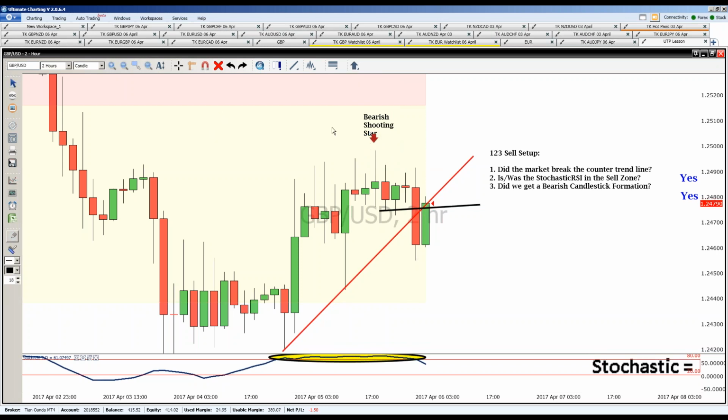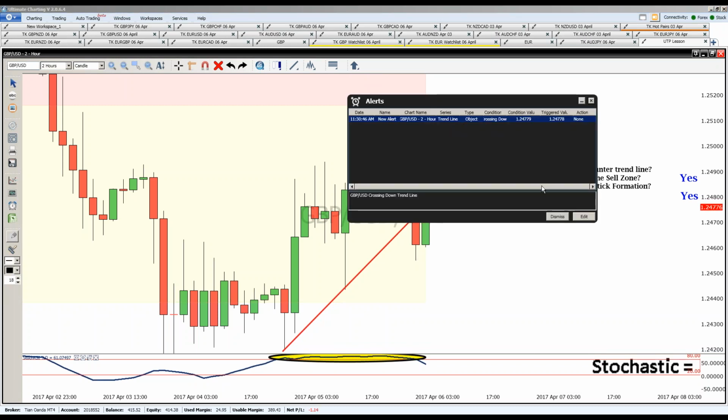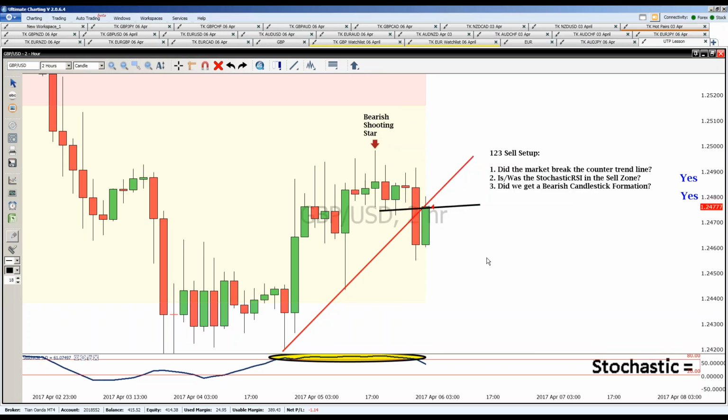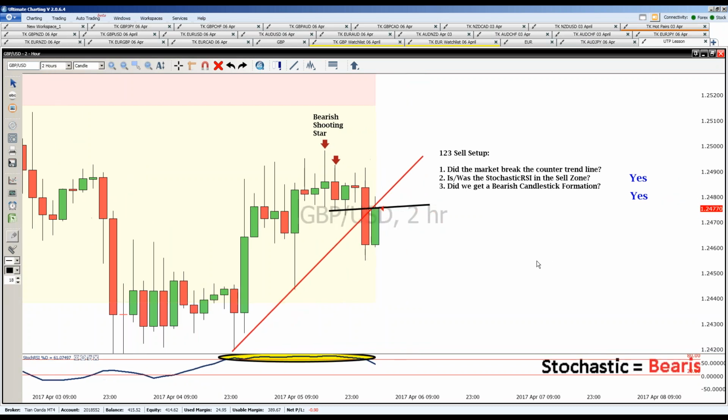If you feel unsure of the candlestick formation, just have a look at the next candle. What candle is this? What candle is that? That's also a bearish candlestick formation. You can tell me, what candlestick formation is that?